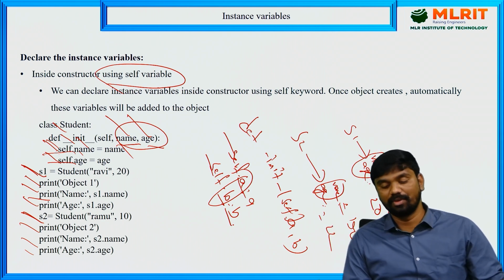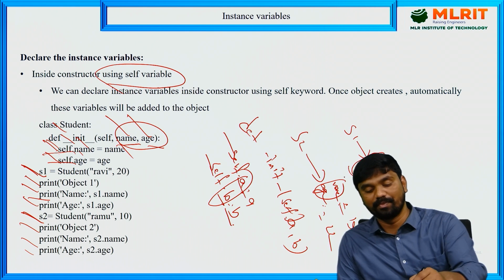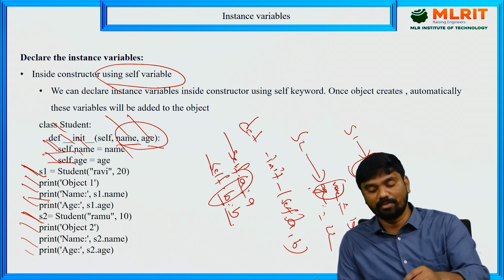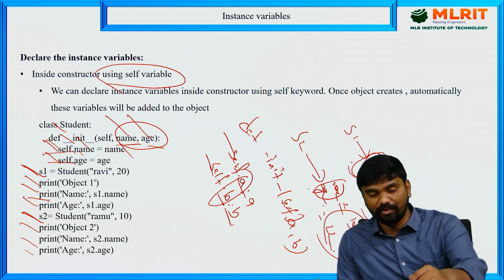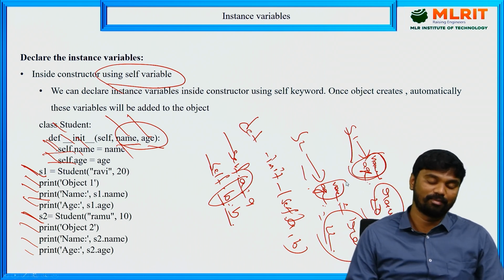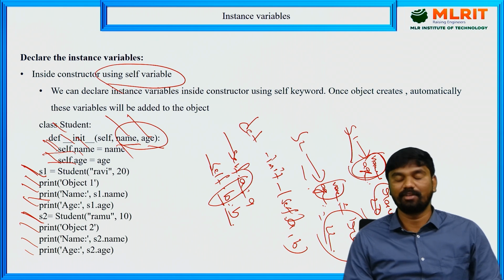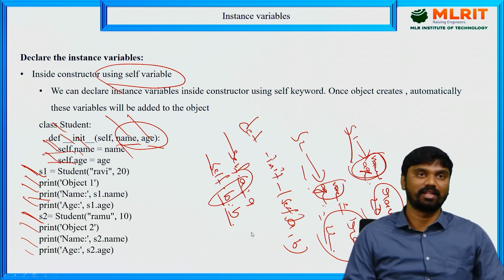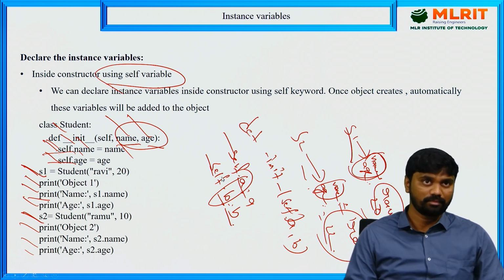So the variables are the same, but this object and that object have different values. That means the S1 object and the S2 object have the same variables but different values. Those variables are called instance variables.